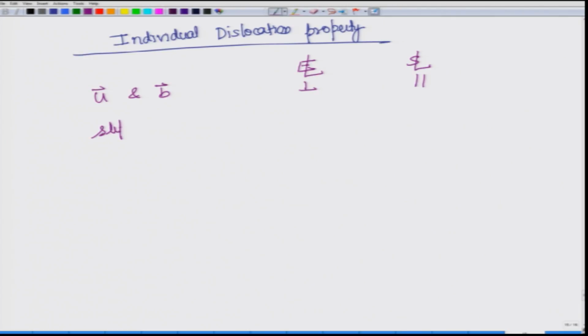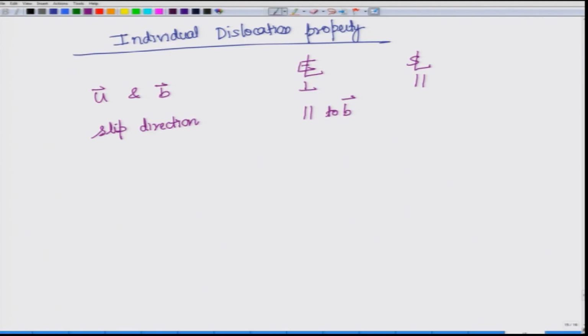Slip direction. So, we have said that a Burgers vector gives a good understanding about the slip direction. So, what is the slip direction? You should also understand that the slip direction would change when we go from edge to screw. In the edge dislocation the slip direction is parallel to B. So, wherever is the Burgers vector, in that direction the slip is taking place.